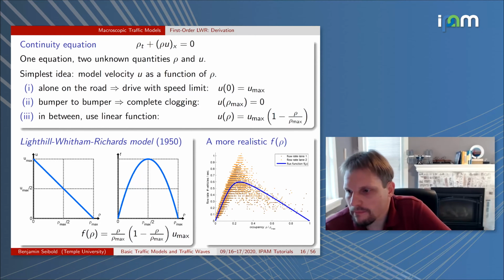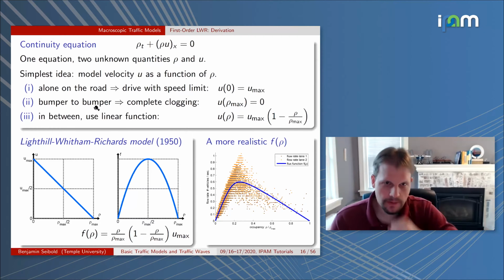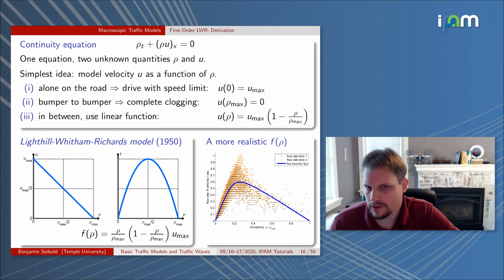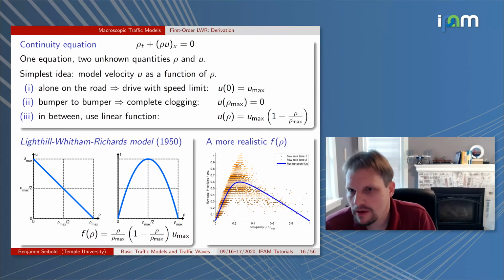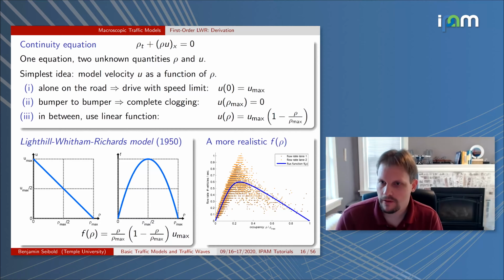When the cars are bumper to bumper plus some little safety, at rho max, that's usually when traffic comes to a complete stop. That's what people call the jam density. So the speed is 0 there, and the simplest ad hoc function connecting these two points is one that goes linearly through. With a linear interpolant in between, I get that u is just u max times 1 minus rho over rho max.